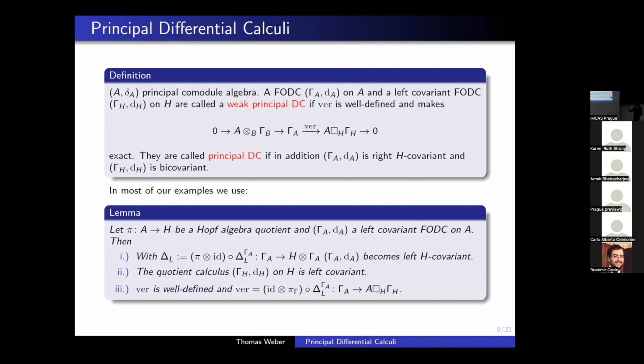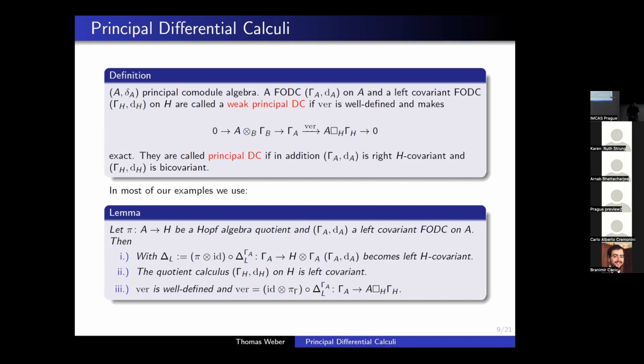Okay, so let's come back to this weak differential calculus. Here we are saying we call it like this if this vertical map actually makes sense, so if it is well defined, and if furthermore we have a short exact sequence written here.